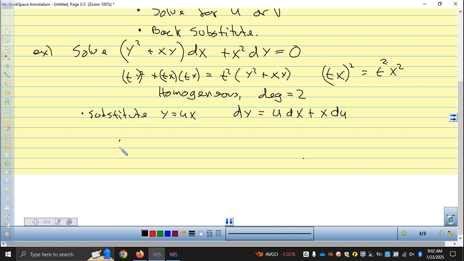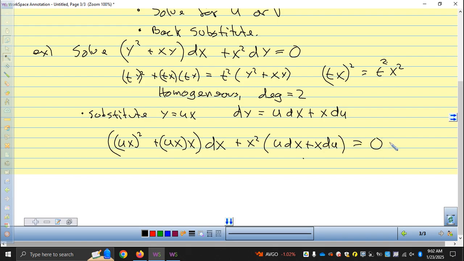So I have u squared x squared plus ux times x, making everything explicit here, dx plus x squared times dy, u dx plus x du equals 0.